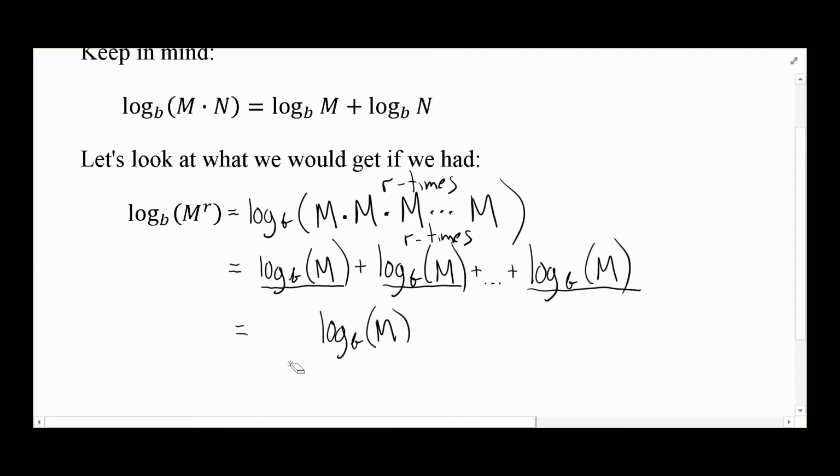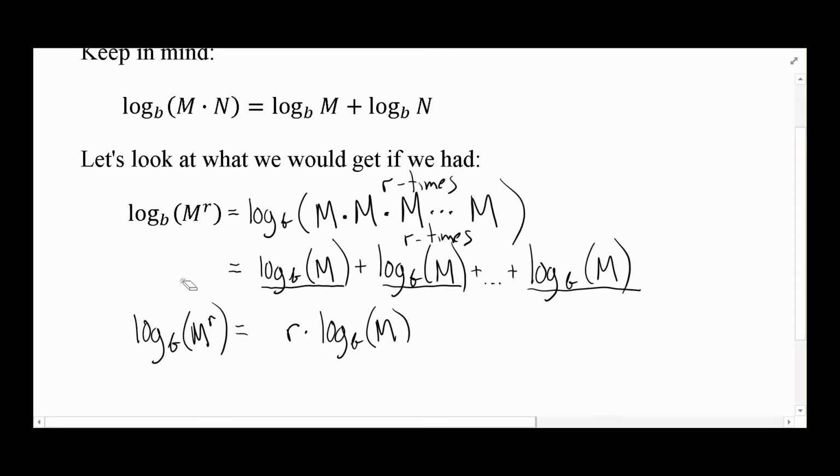Well, how many times did I add it with itself? R times. So this is actually our rule. Our rule says if you have log base b of m to some power r, then basically what this is saying is you can bring that power down in front as a coefficient.